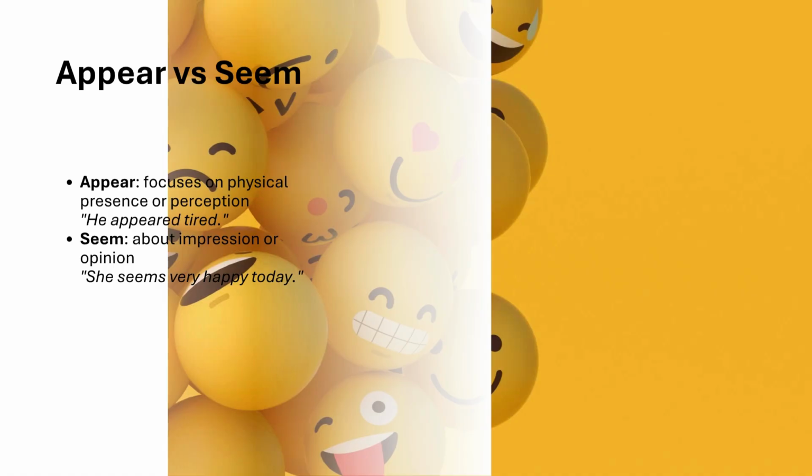She seems very happy today. That is an impression. Or she seems sad today. That is also an impression. In these kinds of scenarios, we cannot use appear. Because if you use appear, it's going to be wrong.